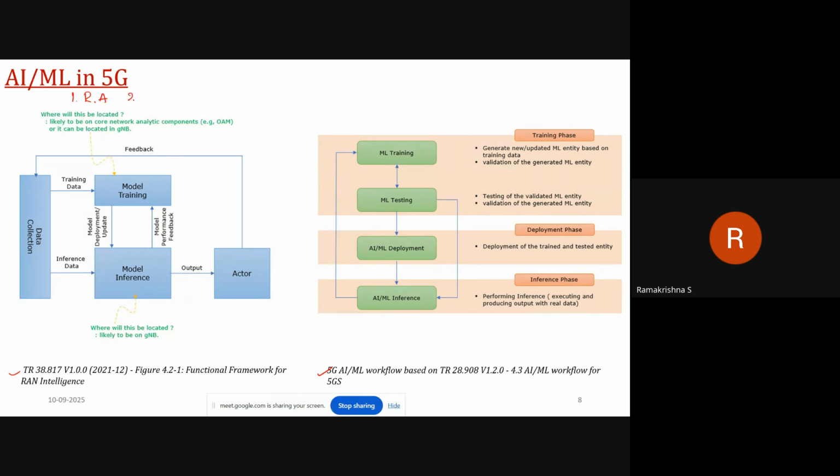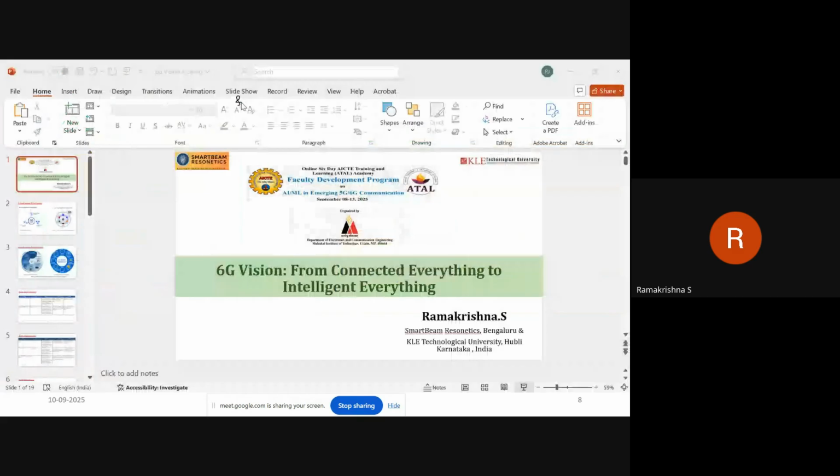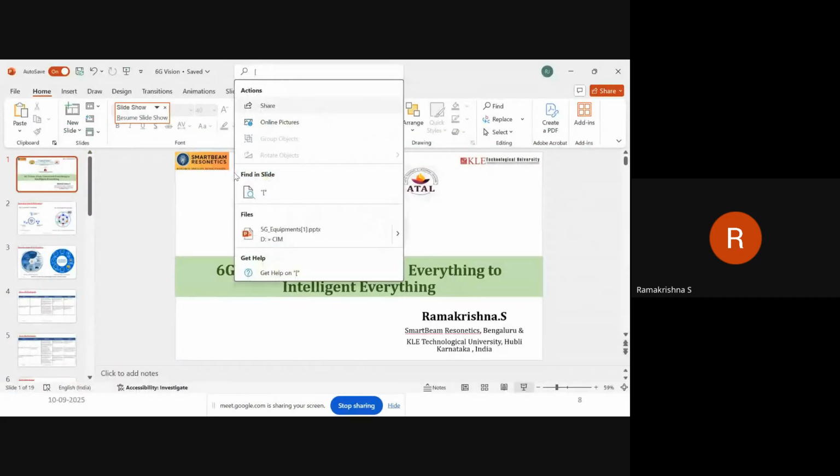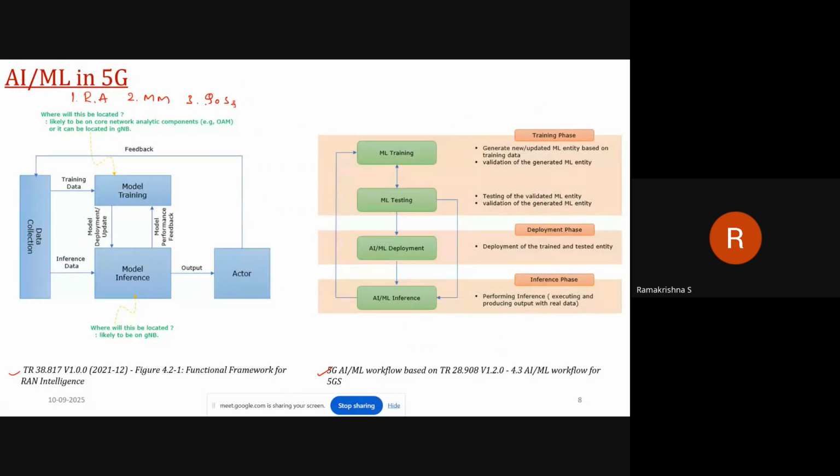The second is mobility management. The third is quality of service and experience prediction. And the fourth is fault detection and self-healing.